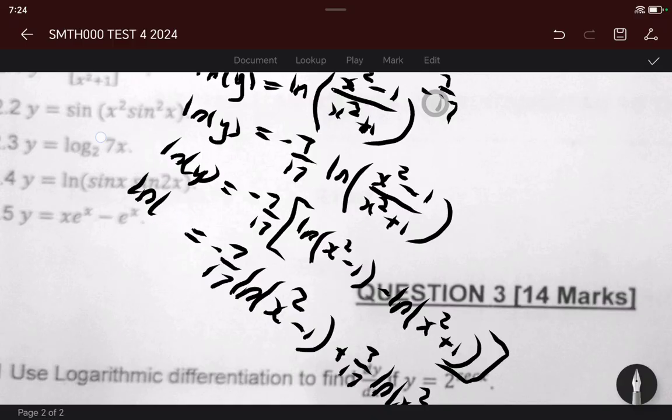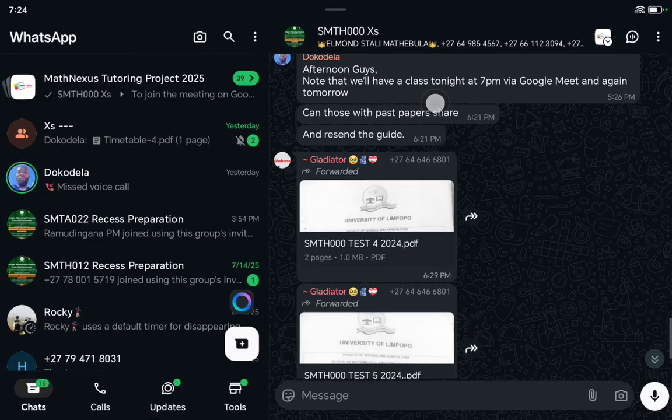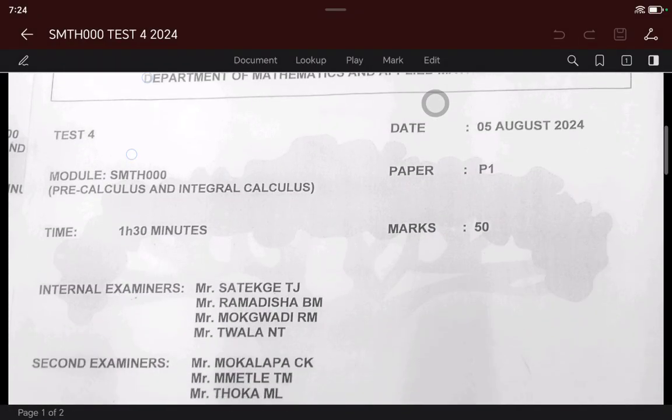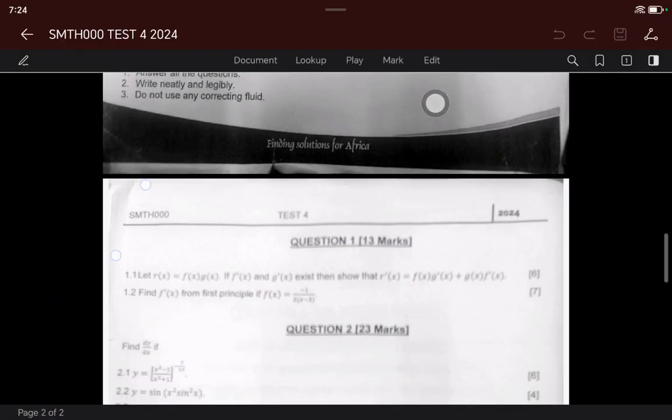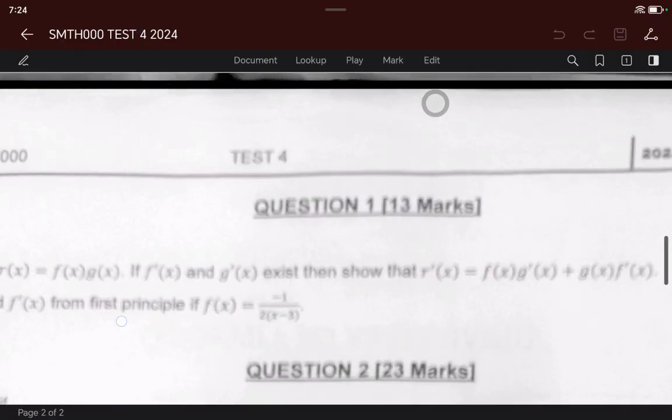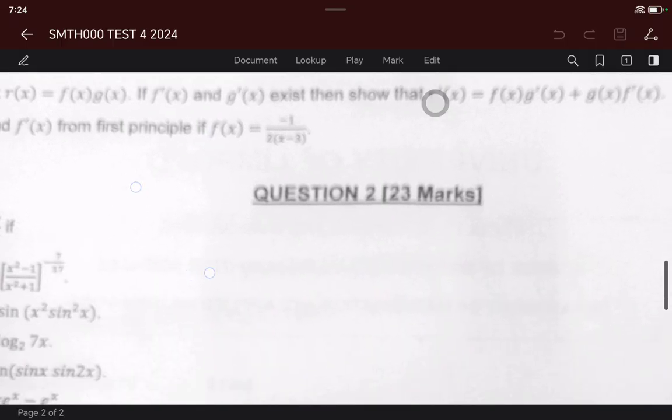We're somewhere here, so I'll just continue from where we are.